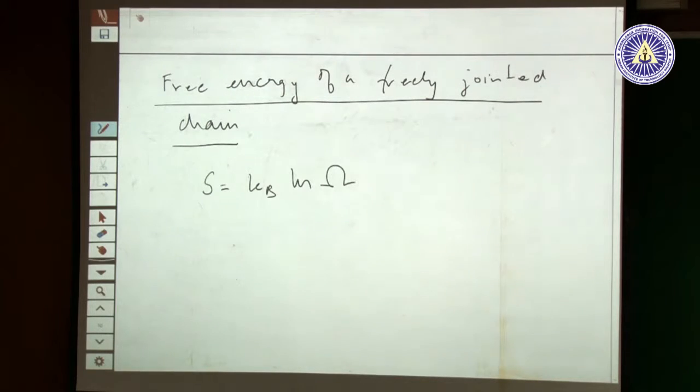Now, we want to ask ourselves, if I introduce omega of nk comma Re, let us say we are looking at a Kuhn chain, and say this is all the states that a freely jointed chain with nk Kuhn steps can occupy, such that the end to end vector is Re. Then I call the entropy of that system Kb log omega.